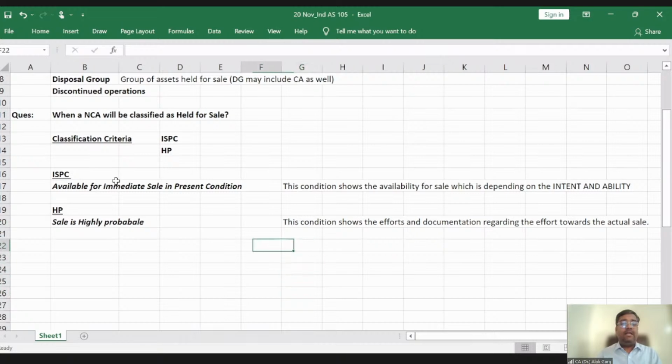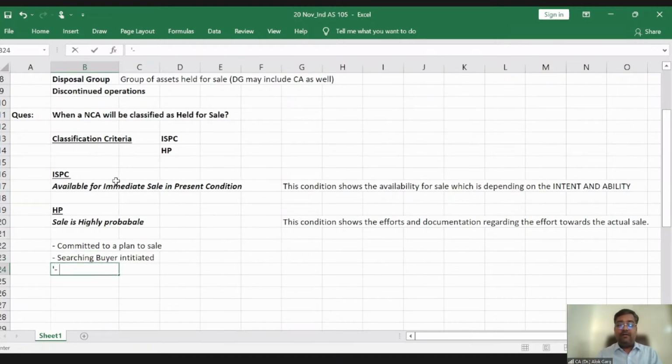And what are these conditions? Committed to a plan to sell, right? Second condition. What is the second condition? Searching buyer initiated.